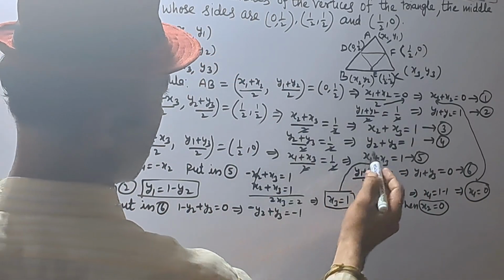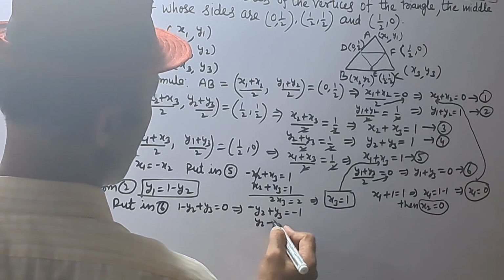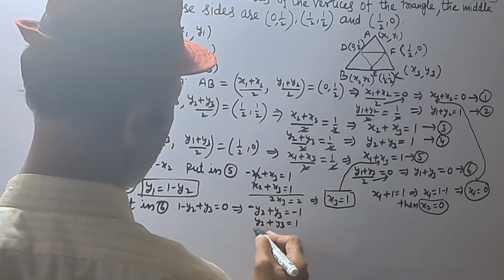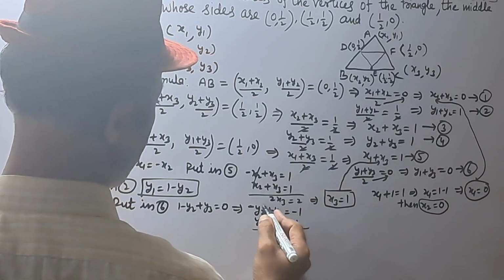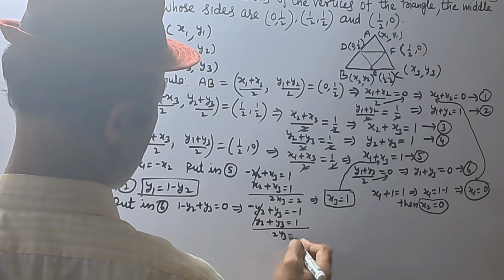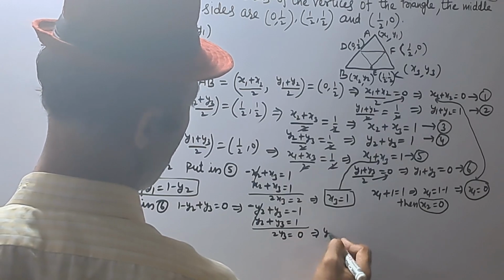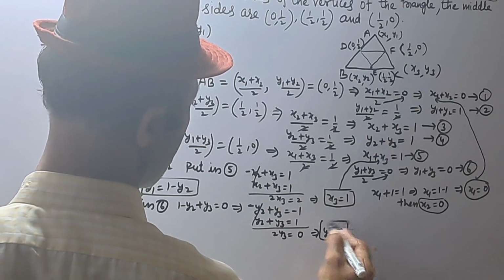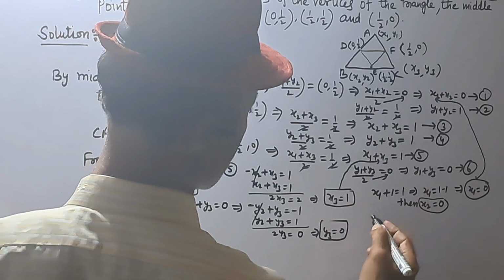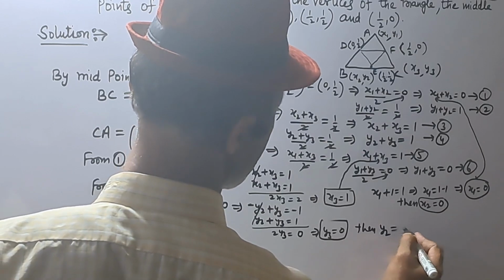And equation number 4, that is y2 plus y3 is equal to 1. Adding, we get 2y3 is equal to 0, and y3 we get 0, and we are putting y3 equal to 0 in equation 4, then y2 is equal to 1.